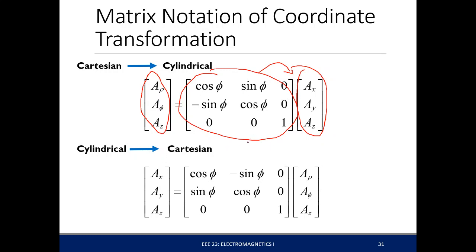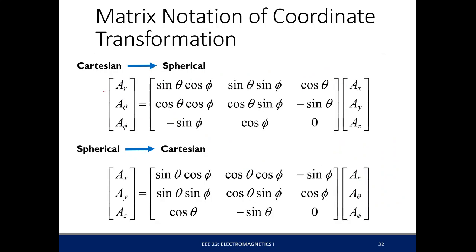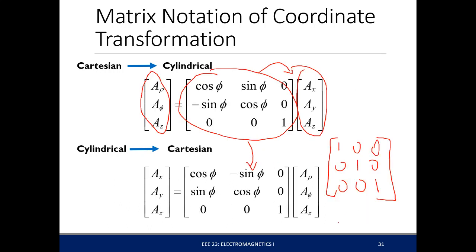So just a fact, if you multiply this matrix to this matrix, you'll get the identity matrix, 1, 1, 1, and all these are 0. So for spherical, these are the matrices. Again, if you multiply this matrix to this matrix, you'll get the same result as this one.